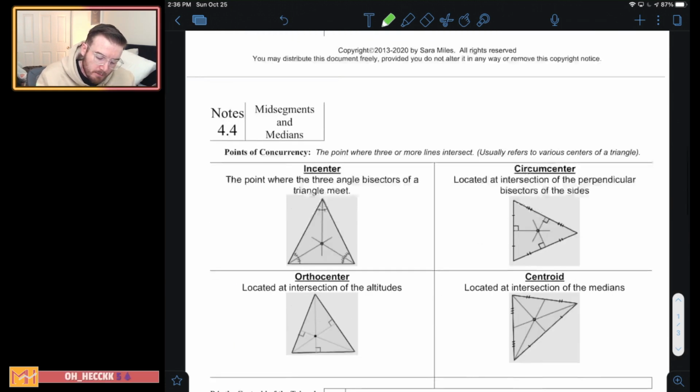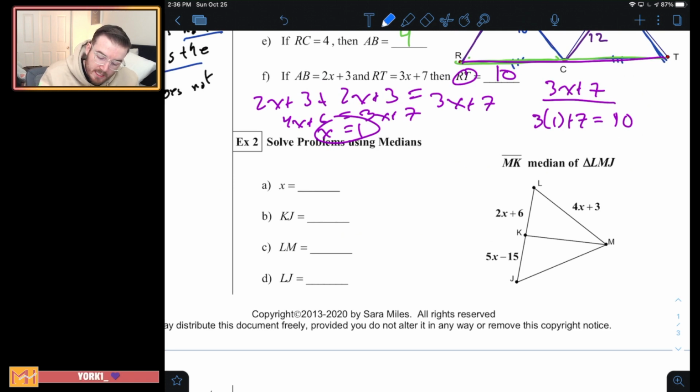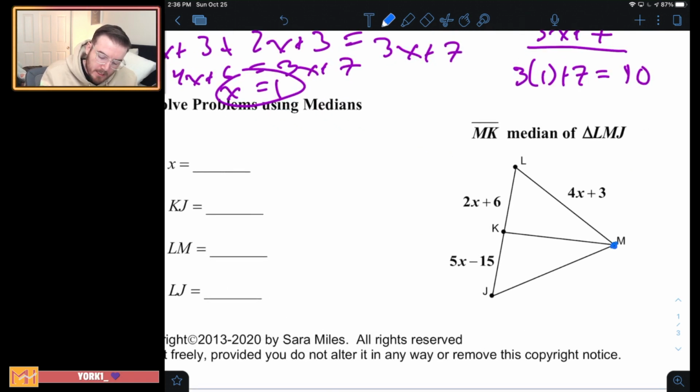Let's jump back up to this example and we'll keep talking medians. So this one line is a median, okay? So this is a vertex and this is a midpoint. So we immediately know that this half is the same length as this half.